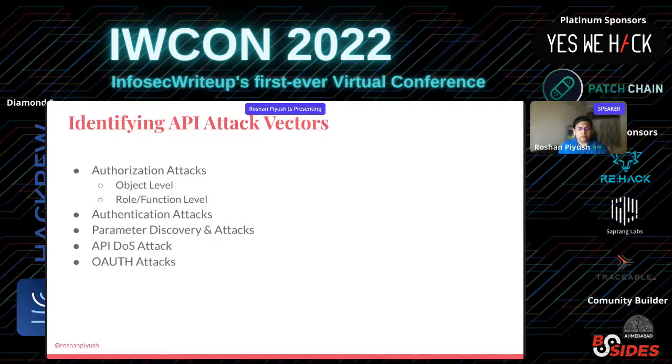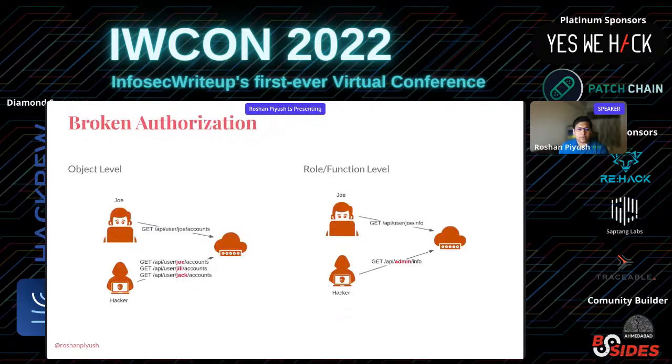Okay, so we'll just see some of the API attack vectors, starting with broken authorization, the BOLA part. There are always two: object level, which we call BOLA, and function level, also known as BFLA in the API security world. Both look very similar in the call format.